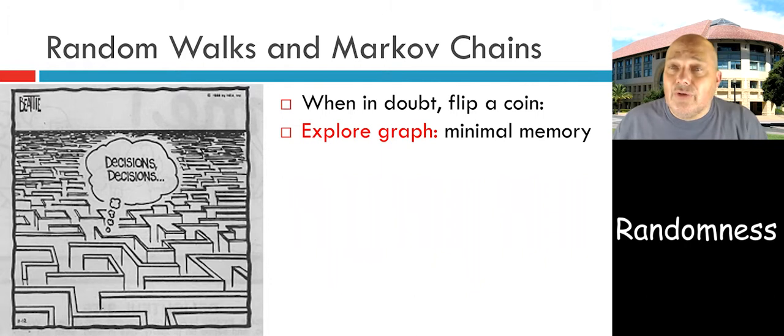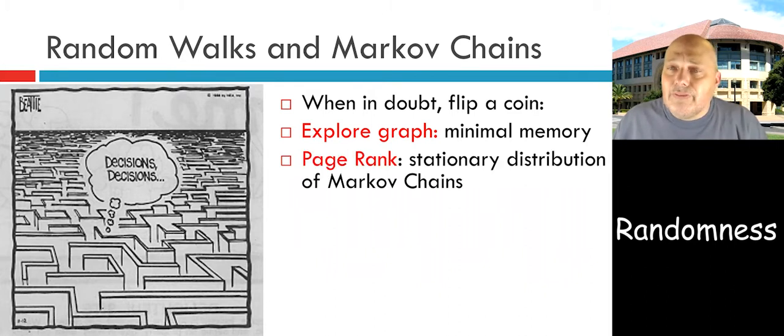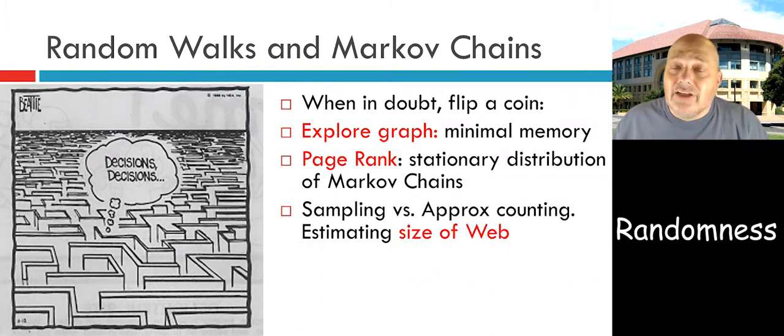You don't need to know more than the current location and how many steps you took so far. This is also the basis of many important algorithms that rely on the fact that a random walk converges to some stationary distribution, an interesting stationary distribution. And this is also a way to do sampling.